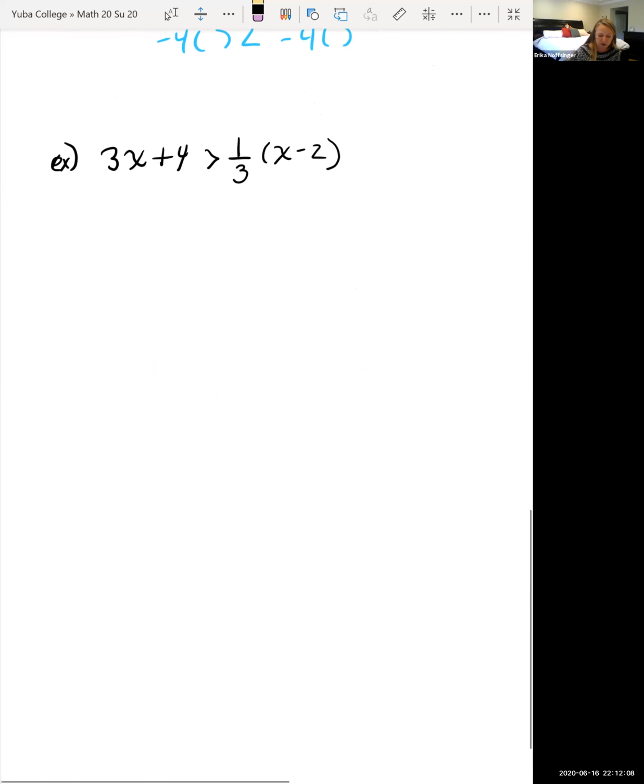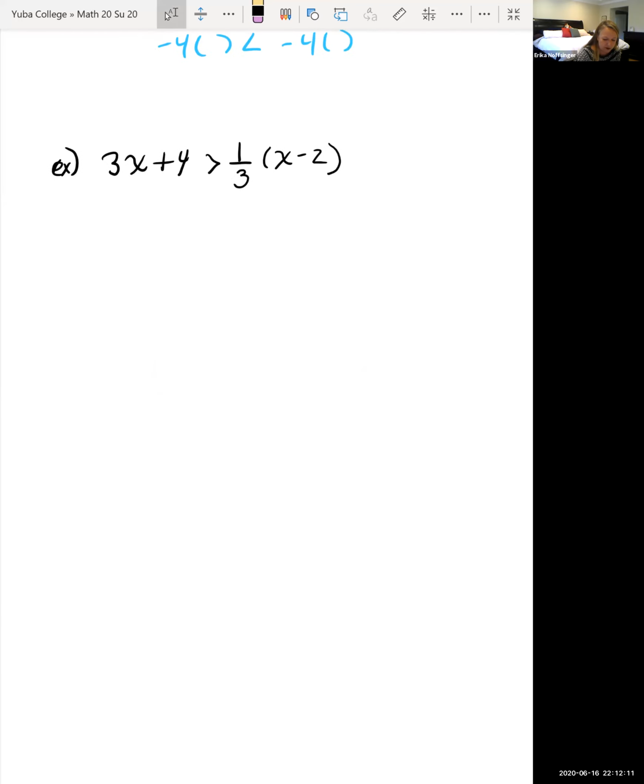So we could get rid of the fractions by multiplying by the LCD. There's only one fraction there, and the denominator is 3. That's a positive number, so I could multiply this side by 3 on my inequality, then I would have to multiply the other side by 3 as well.